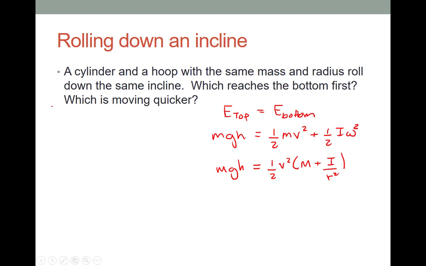For a solid cylinder, looking at the table that was provided, the moment of inertia is 1/2 the mass times the radius of the cylinder squared. And to be consistent with the notation, I use little r over here, so I'm going to use a little r over here as well. For a hoop, it is mr squared.